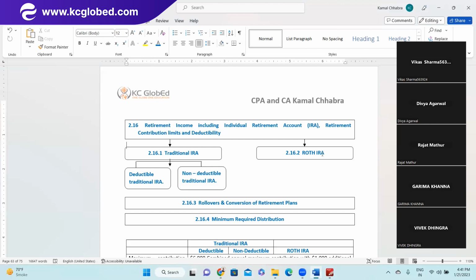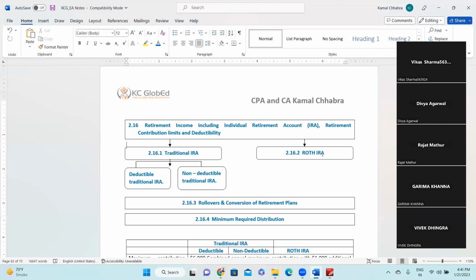So if you are doing tax planning for your clients, you need to understand the tax status, the year over year income growth or change in income, whether your client is expected to earn more in current years and less in future years. That means after retirement, he may not have that much source of income. Then in that scenario, a deductible traditional IRA is a good one, right?